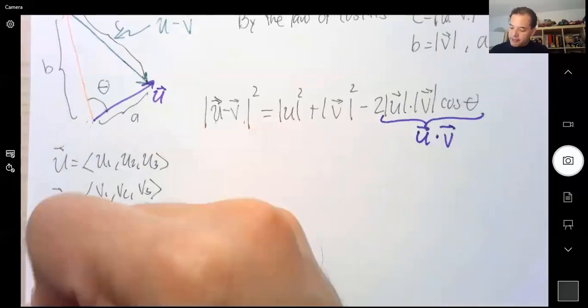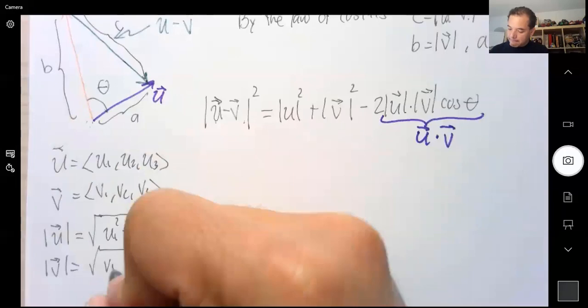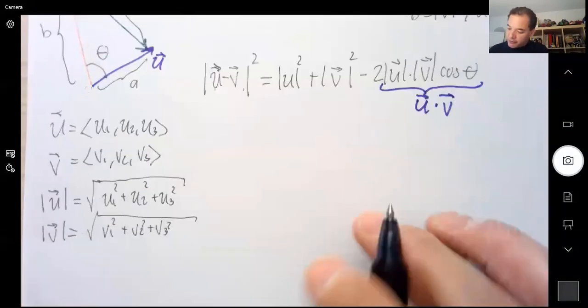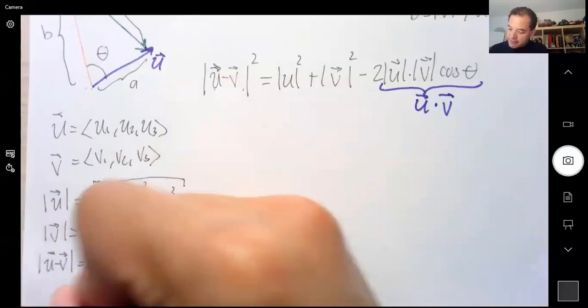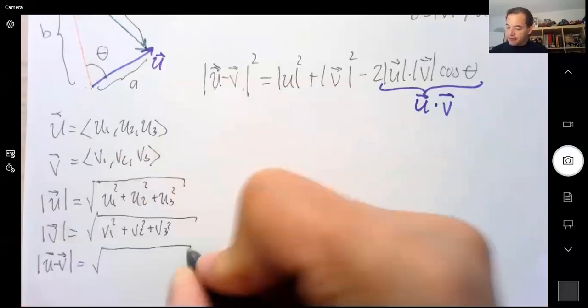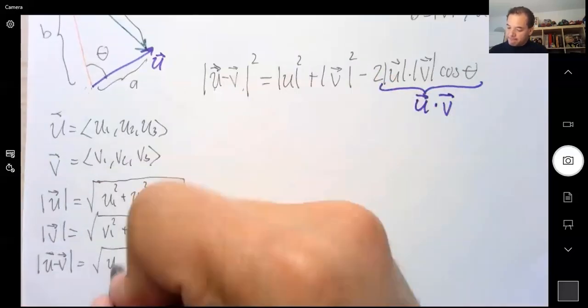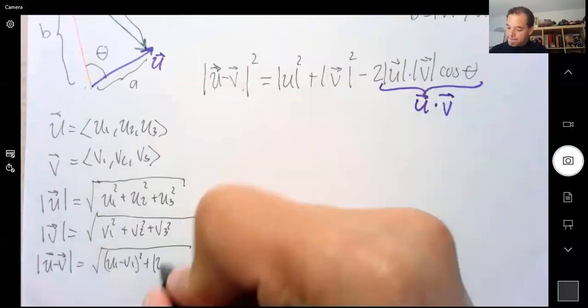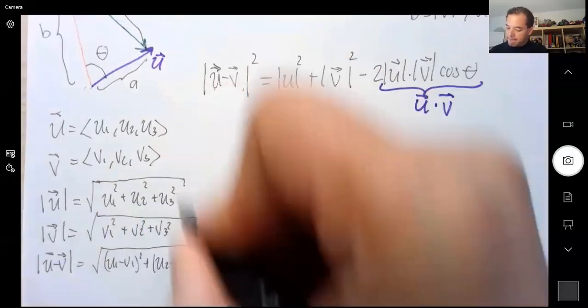The magnitude of v is the same but with these, and the magnitude of u minus v is the same, but first you subtract u1 and v1, then u2 and v2, and last u3 and v3.